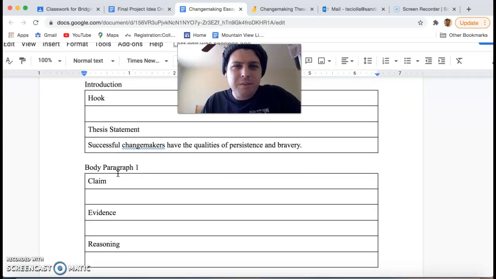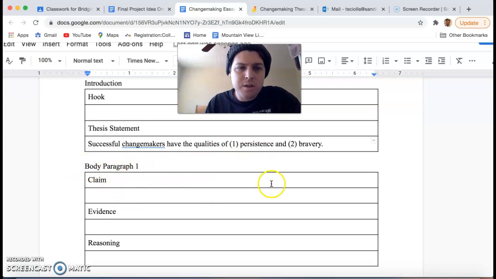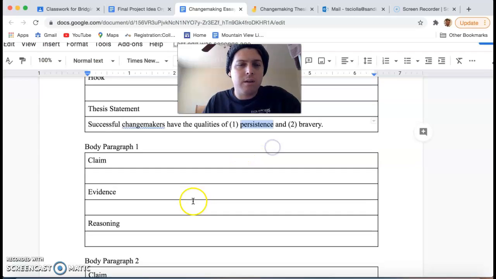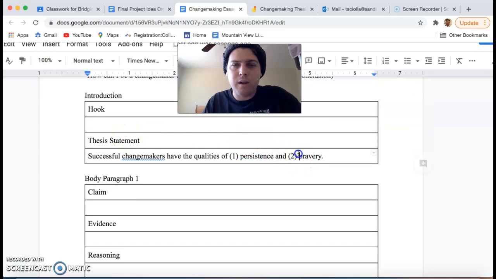Your first idea, or your first personal quality, will be your topic for body paragraph 1. So this whole paragraph is going to be about persistence. Your second body paragraph is going to be about bravery.